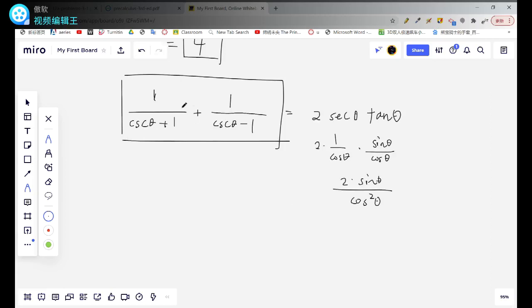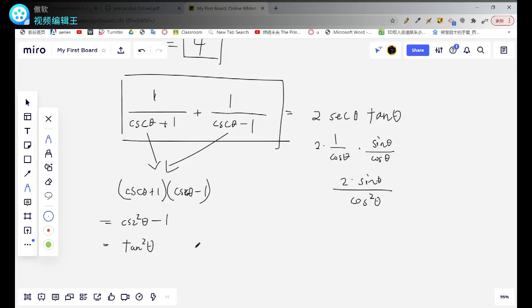So this looks pretty hard, right? But it's actually not. First you want to take these out, and then turn the denominator into cosecant theta plus 1 times cosecant theta minus 1. This is basically just equal to cosecant squared theta minus 1. And we use a Pythagorean identity, and we get that this is basically just equal to tangent squared theta.